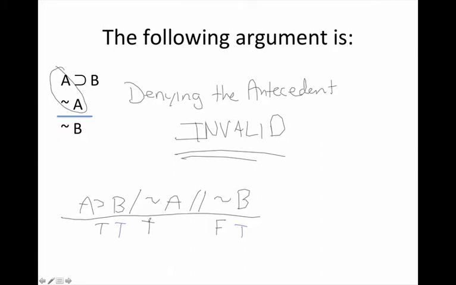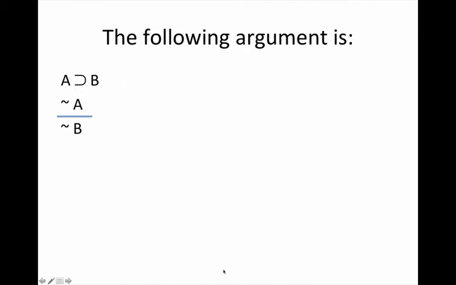So not A, tilde A is true, which means A is false. We plug that value in here, and we've not generated any contradiction, any truth definitional contradictions. The argument is invalid.